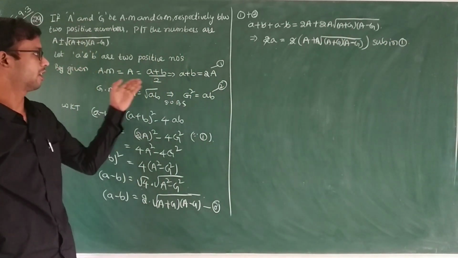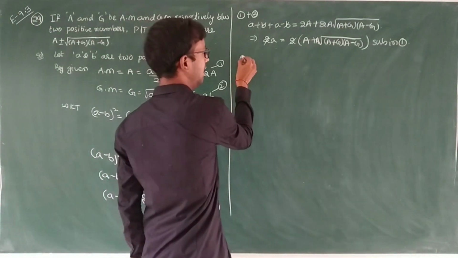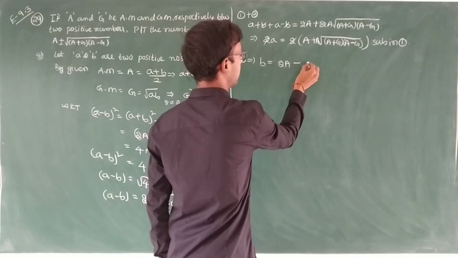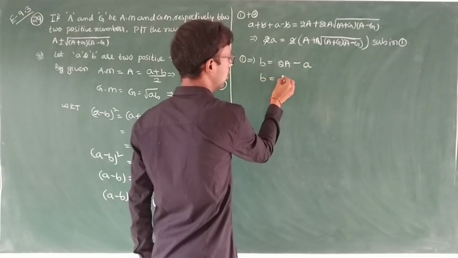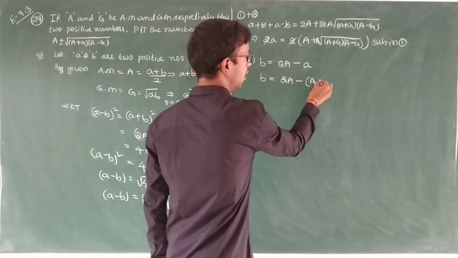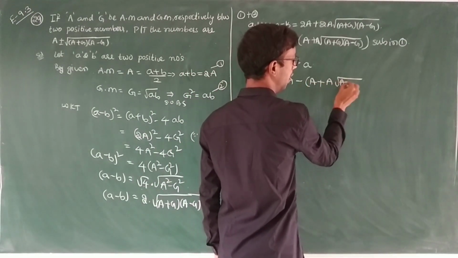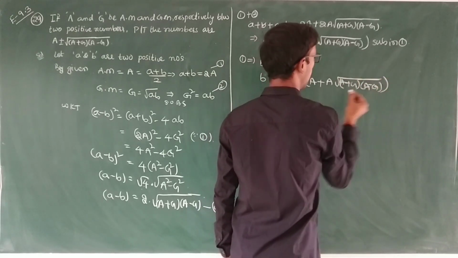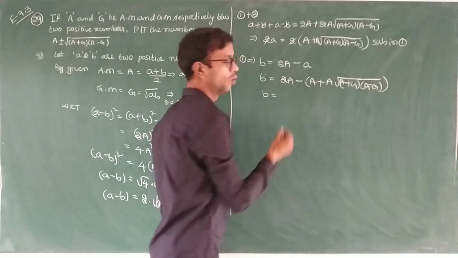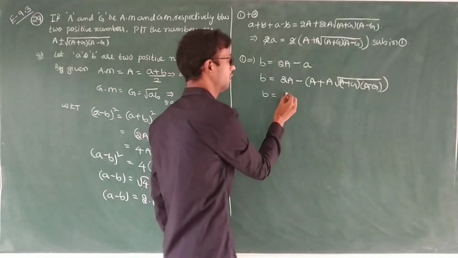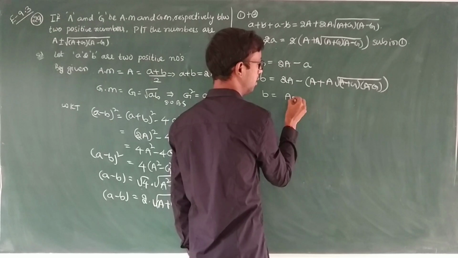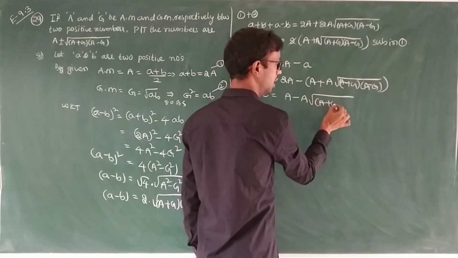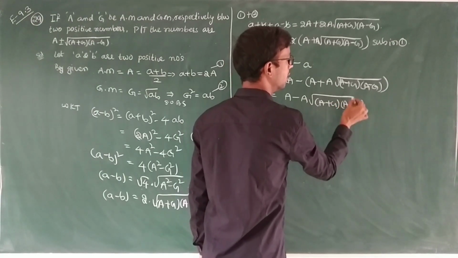What is equation 1? b is equal to 2A minus a, so b is equal to 2A minus of A plus square root of A plus G into A minus G. 2A minus A is capital A, this plus, it becomes minus, minus square root of A plus G and A minus G.